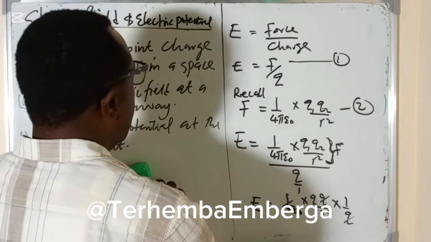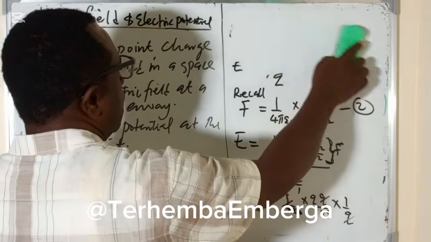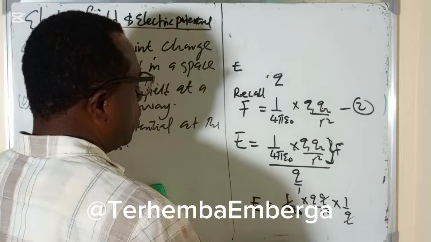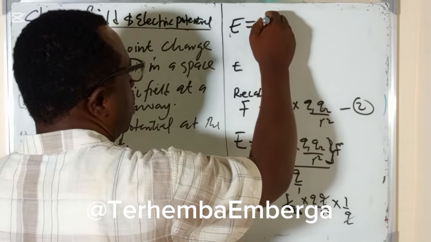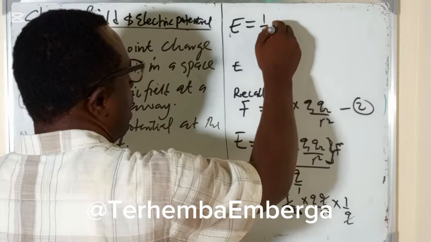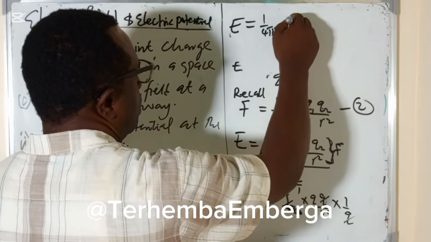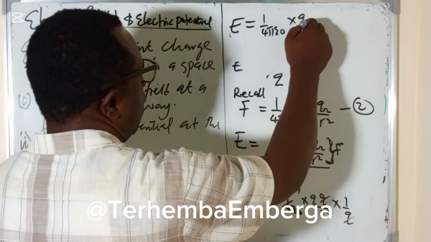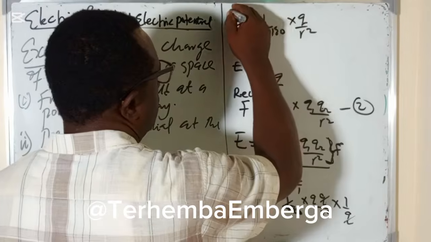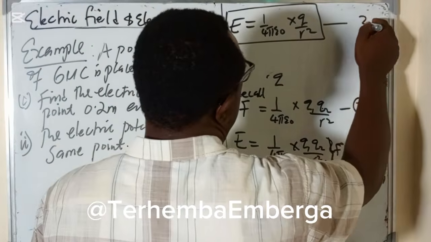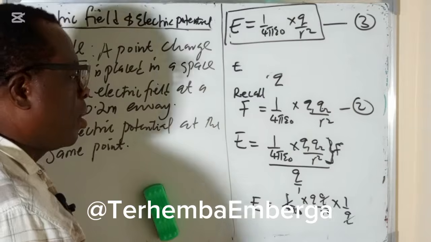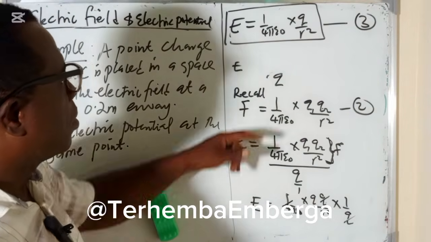And finally, we have the electric field as 1 all over 4 pi epsilon naught times Q all over R squared. This is the formula to calculate the electric field.